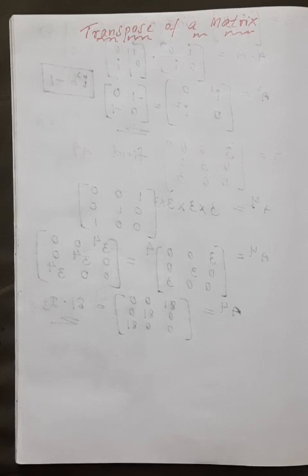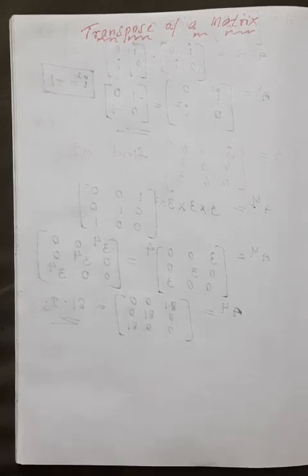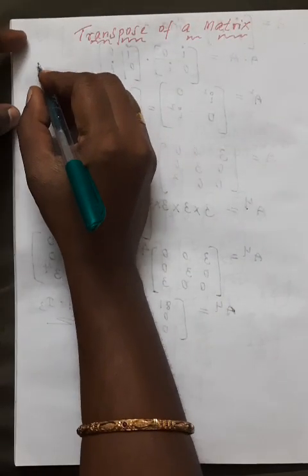So the definition of transpose of a matrix is: the matrix obtained from the given matrix A by interchanging its rows and columns is called transpose of matrix A, and it is denoted by A transpose.